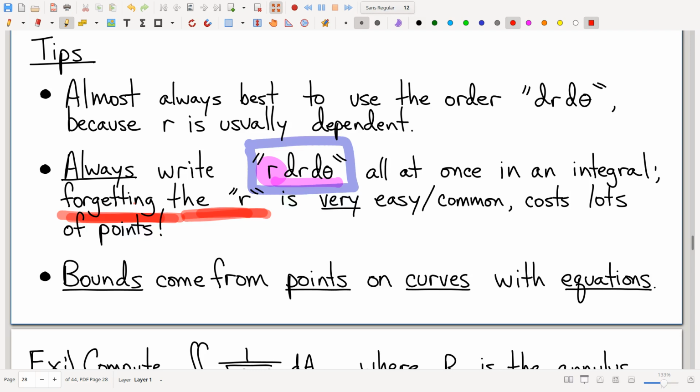So think of it in a glass half full sense: if you just write down r dr d theta all together, that's free points. It could be as much as 5 points. Don't leave the money on the table. Get that money as fast as you can.